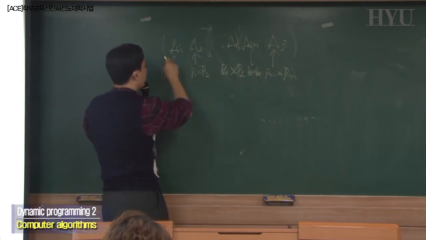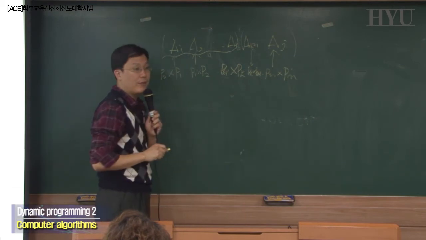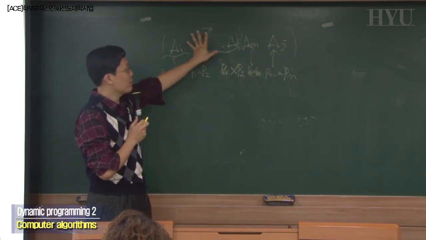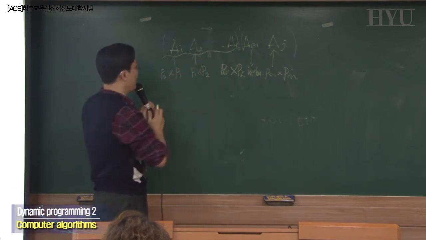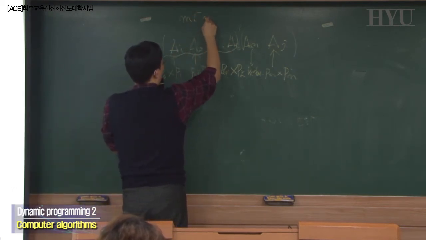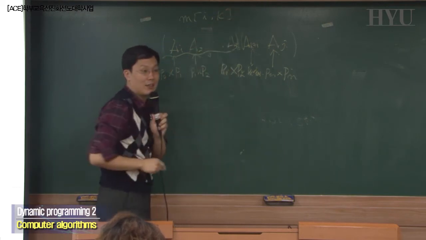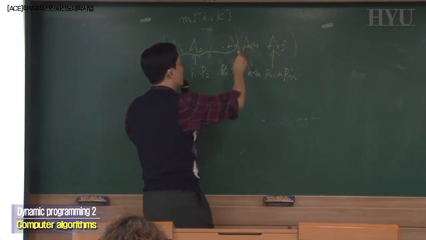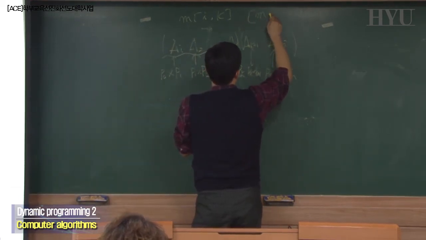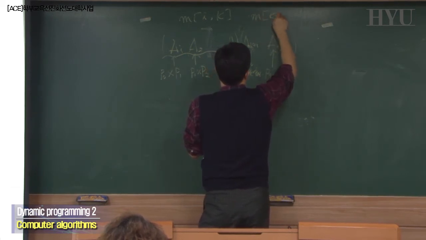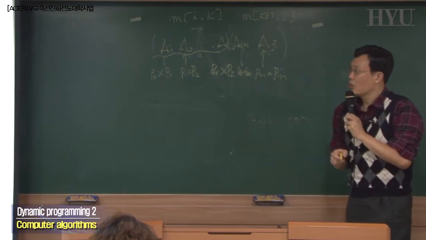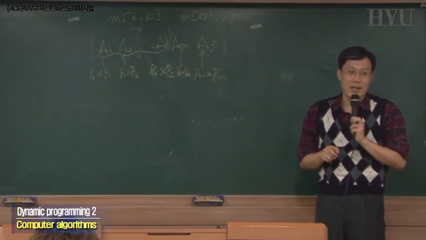Then the minimum number of multiplications of this run is stored in Mik. Okay? And the minimum number of scalar multiplications of this part is stored in Mk plus 1, j.